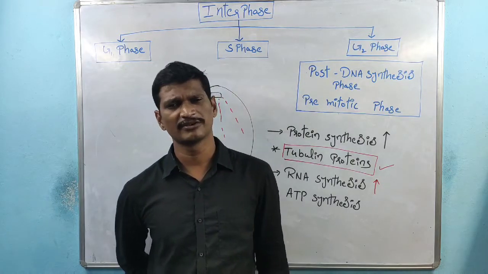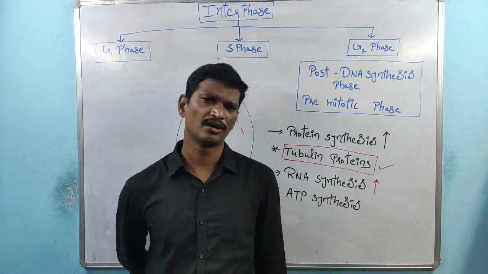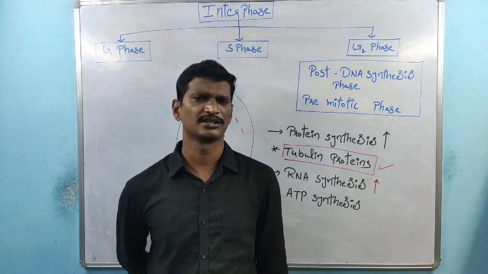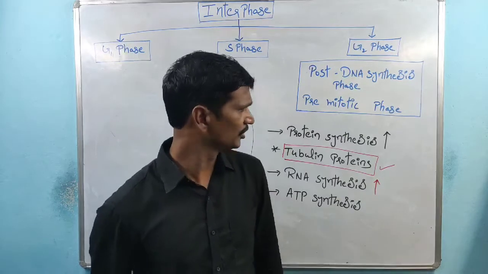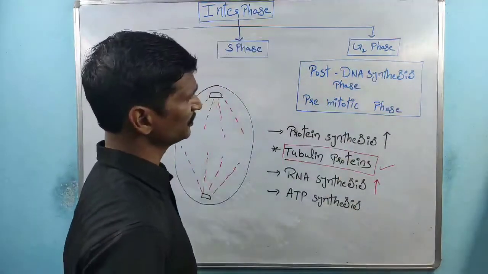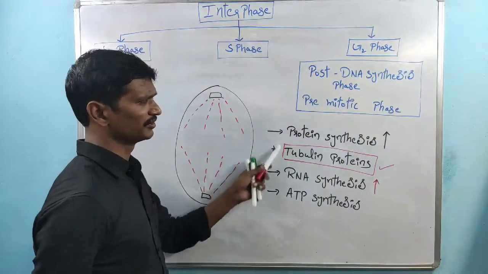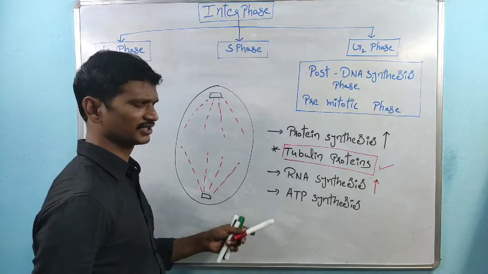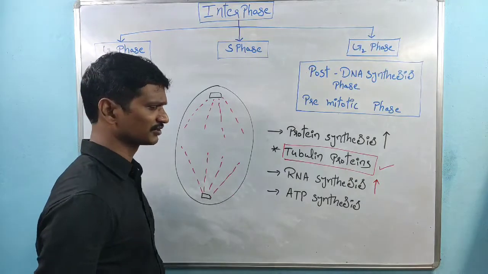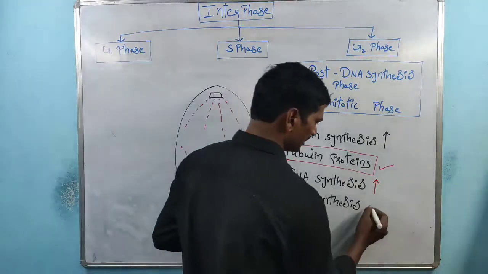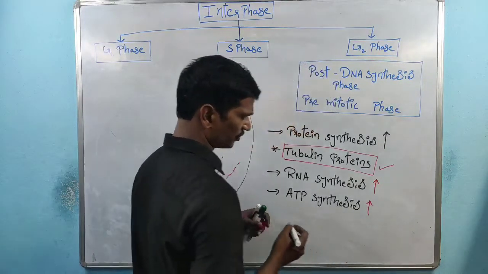If energy is not available, the cell division will be halted. Halting is nothing but stop. So within that G2 phase, tubulin protein synthesis especially, more amount of RNA synthesis, and more amount of ATP synthesis takes place.